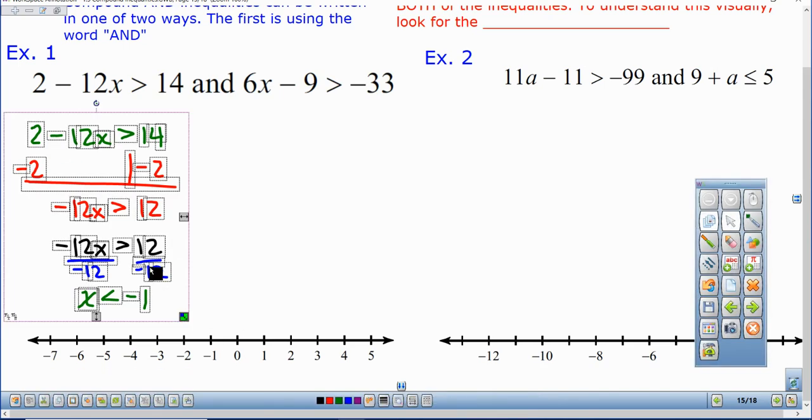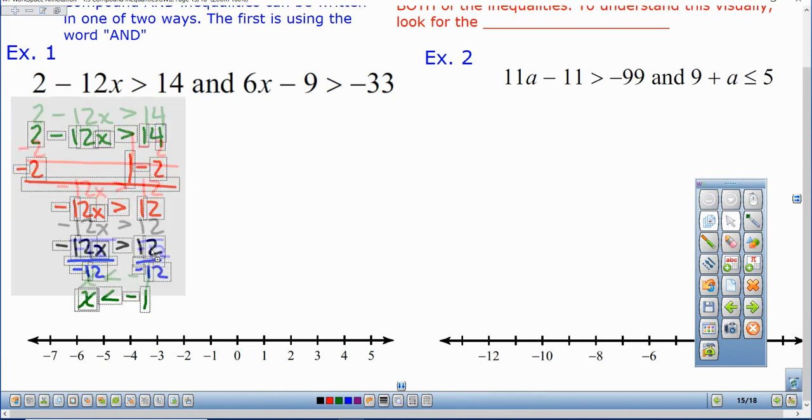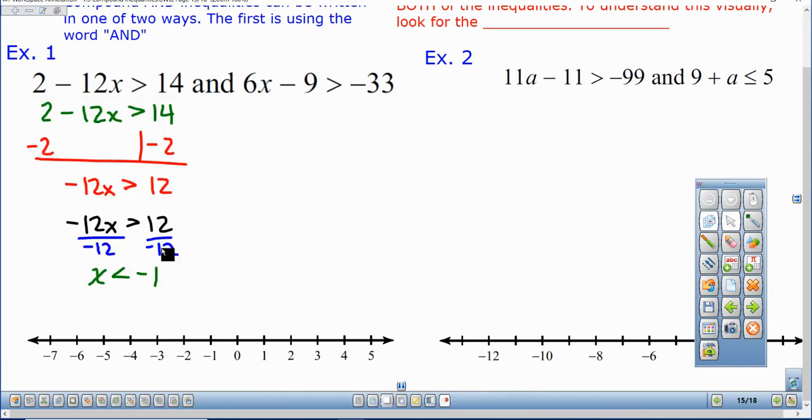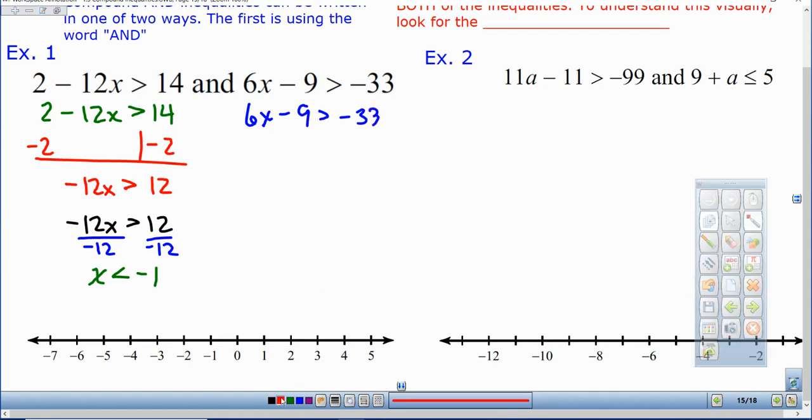I'm actually going to move this up, give myself a little more space. So let's go ahead and solve the next one before I explain how we're going to do this. First step would be to add 9.